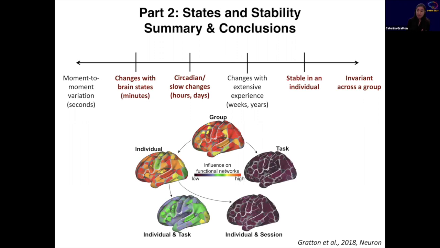And finally, these effects differ somewhat in their anatomical distribution, with group level patterns being strongest in sensory motor processing systems, individual specific features having the biggest effect on top-down control systems, and task effects, and especially individual by task effects, showing a mixture of these two different patterns.